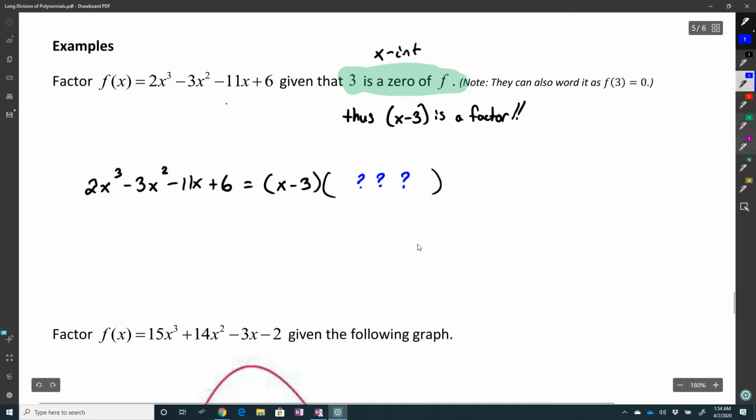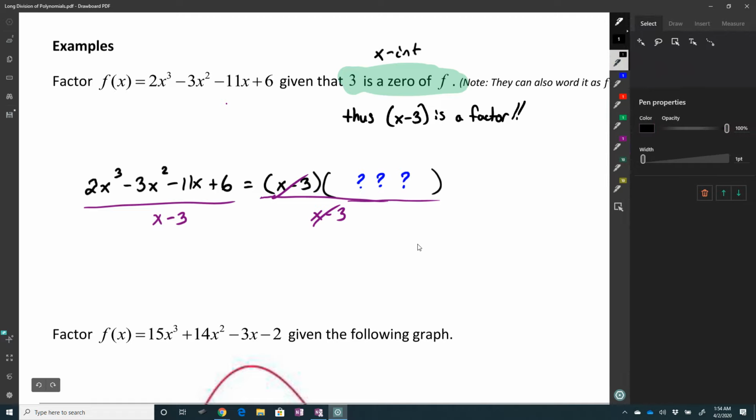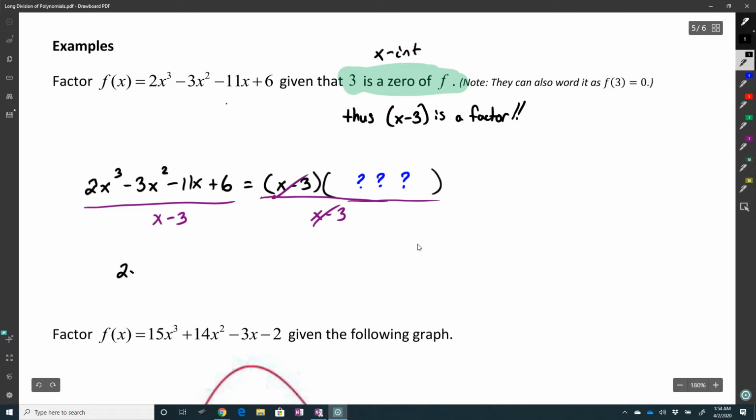To figure that out, all I have to do is divide by x minus 3. So that means that my quotient is going to be the missing factor.